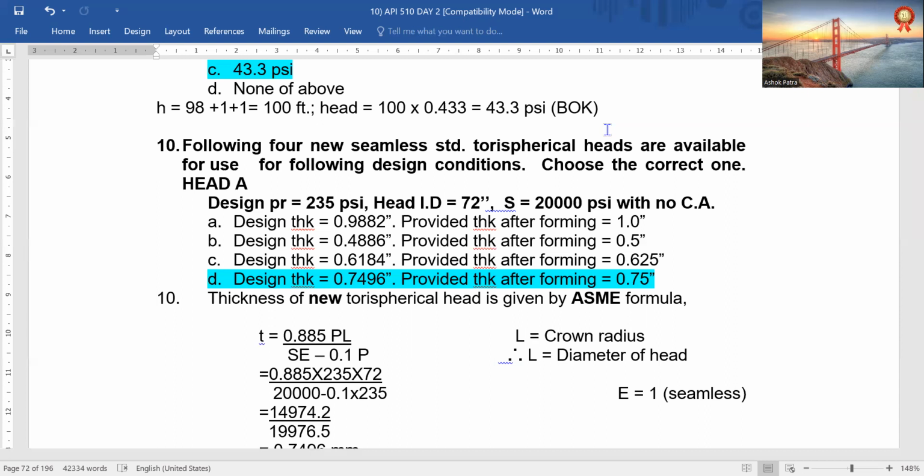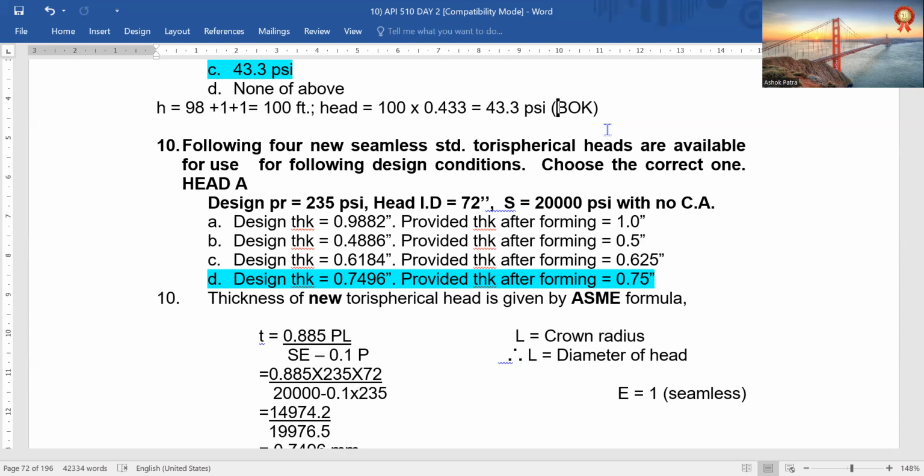The following four new seamless standard or spherical heads are available to use for the following design conditions. Choose the correct one. So design thickness, you have to calculate 4 times.